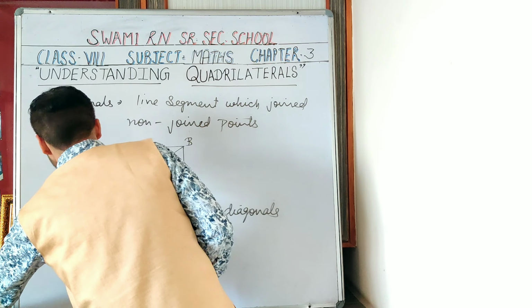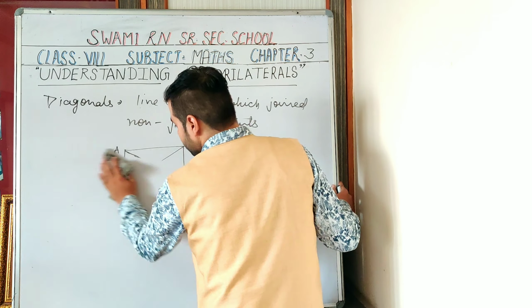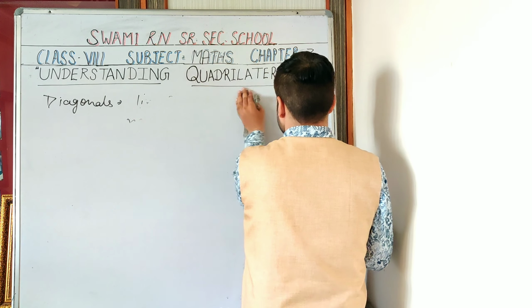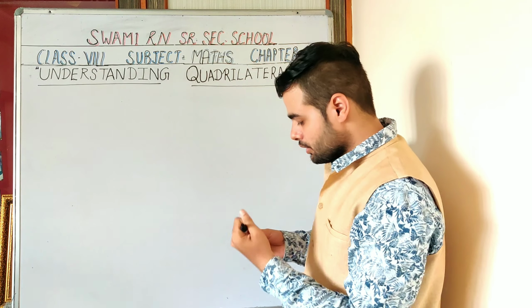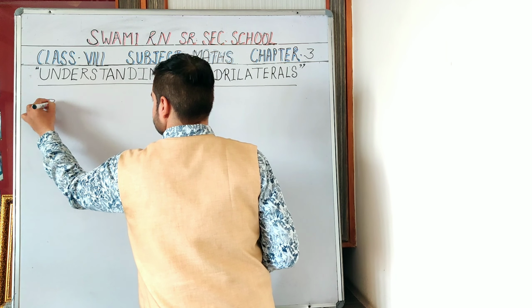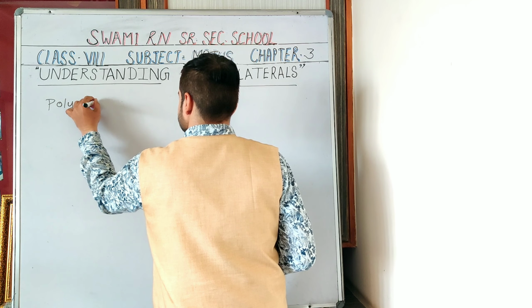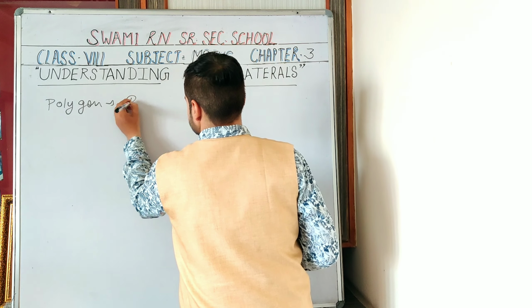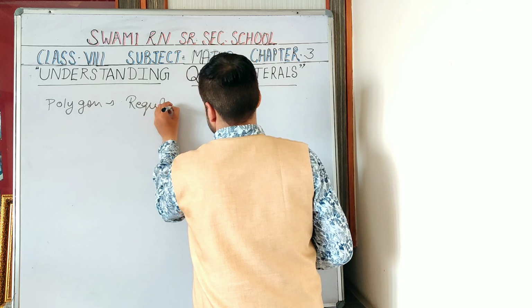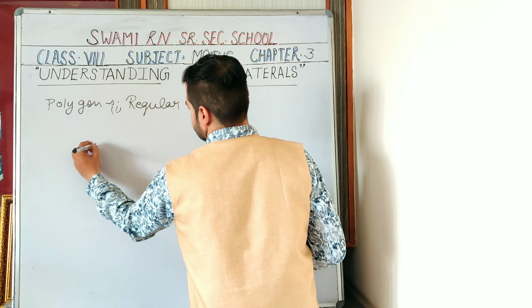Now we will look at how many types of polygons we have in this chapter. You can see polygons are of two types. The first one is the regular polygon and the second one is the irregular polygon.